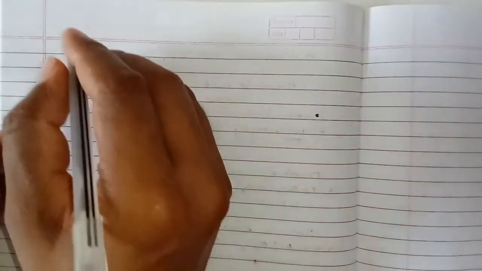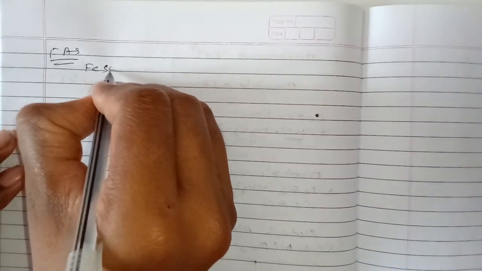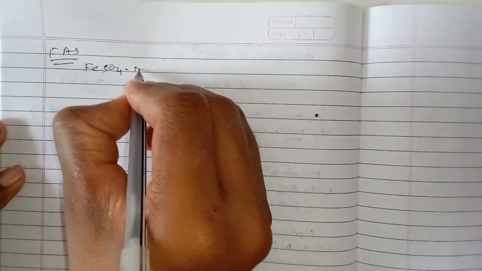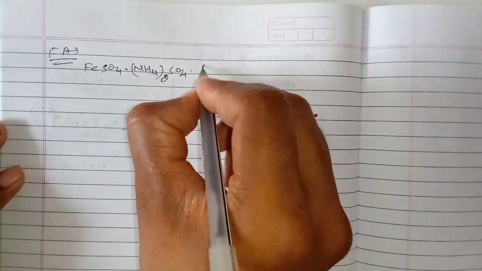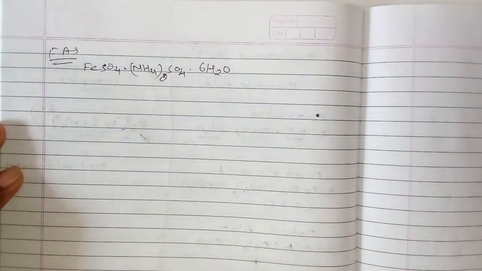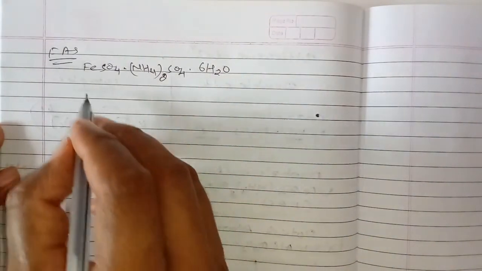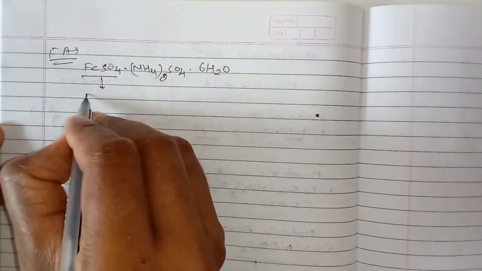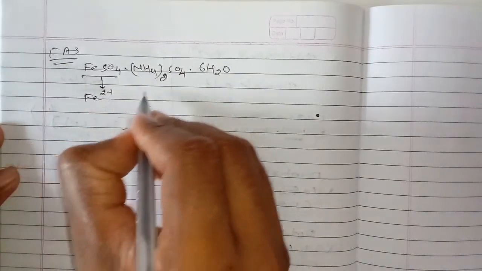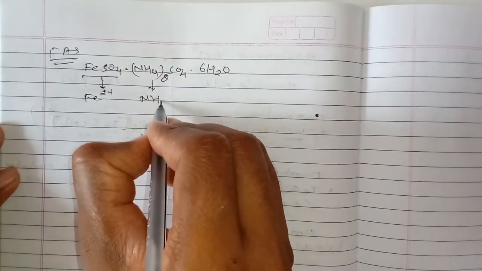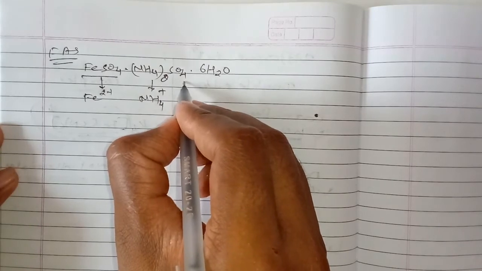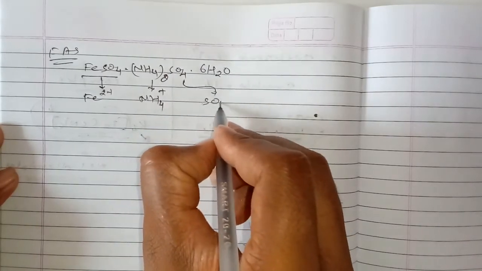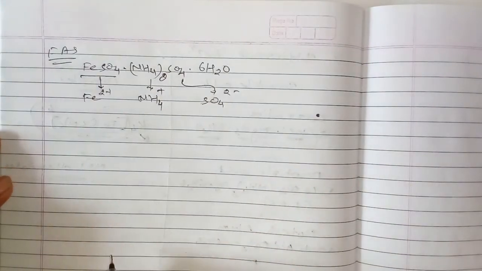In Mohr's salt, or FAS, FeSO4 (NH4)2SO4 hexahydrate, it is dissociated into Fe2 plus ion, into ammonium ion, and into sulfate ion.